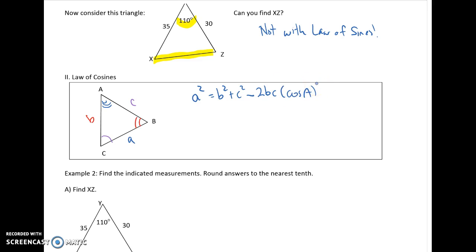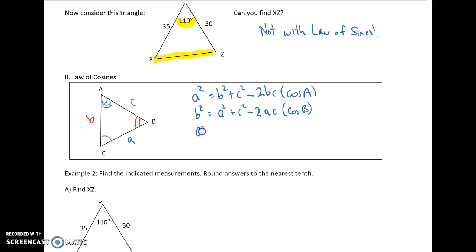I know that looks like a lot, but this is definitely something you can put onto your note card. So once again, you can do this for every side. So I can say b squared is equal to a squared plus c squared minus 2 times a times c times cosine B. So hopefully you're seeing we open and close with that opposite angle pair, and in between is always the format: add the square of the two legs minus 2 times each leg times that cosine.